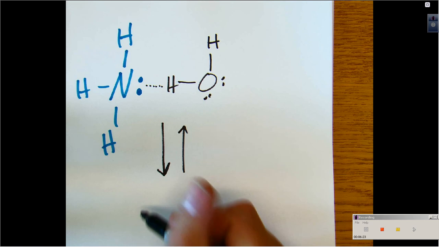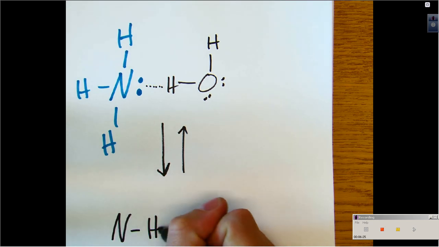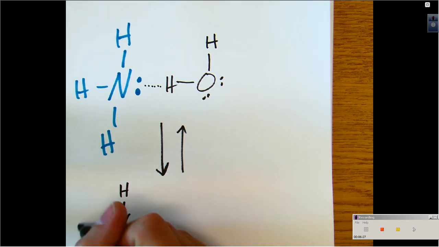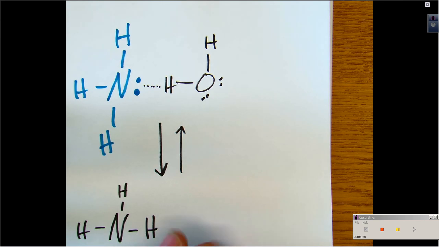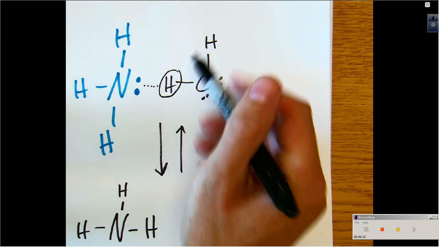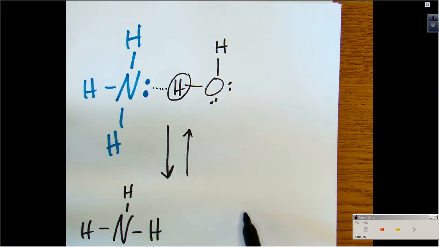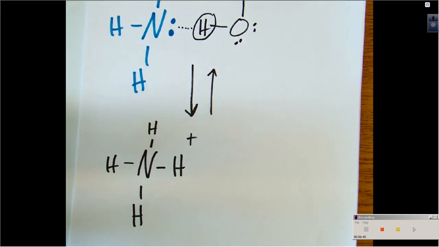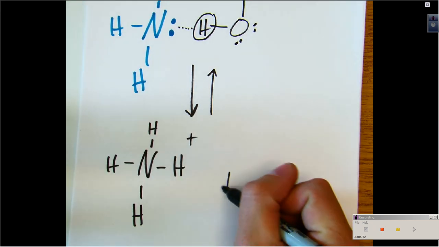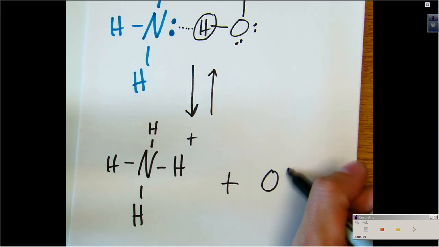And we're going to end up with an NH4, an N with 4 H's all around it. Now, that N gained this extra proton that has a positive charge, but didn't gain any electrons to go with it. So he ends up being positively charged.